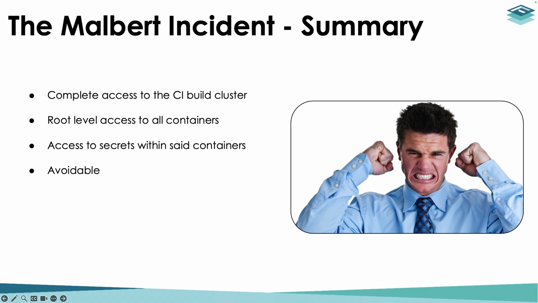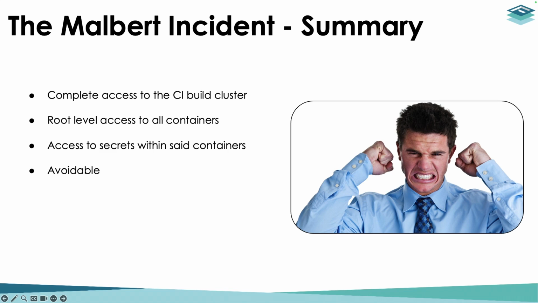So, as I've mentioned just before, Malbert now has complete root level access to the CI host and to all the containers on it. So what does this mean? Well, Malbert can access any container of any CI job running on the node.